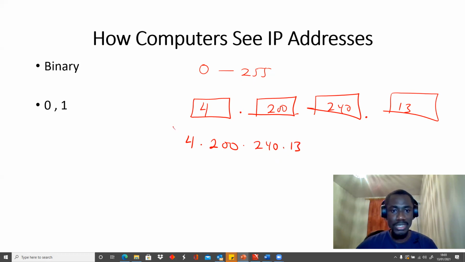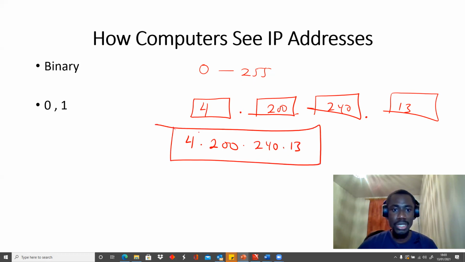This is what we know as IP addresses, but in the sense of a computer, the computer will not be able to understand what we mean by this. So the best way to do this is by translating it into what we call binary. That's how the IP addresses are sent by your computers. You wouldn't have to do that conversion of the various IP addresses into binary yourself, but this is how the computers will be seeing them.